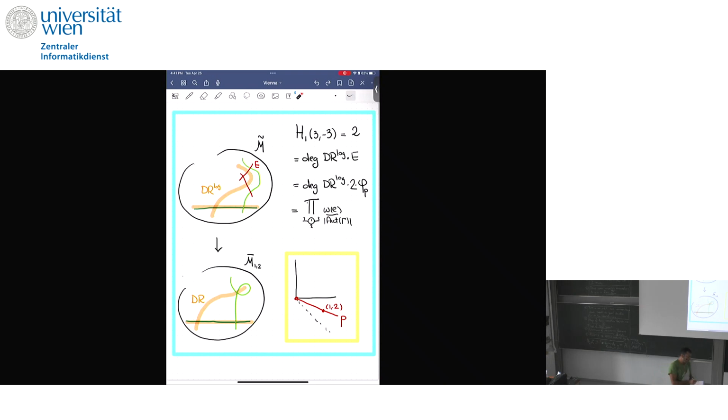We know that the exceptional divisor corresponds to a piecewise linear function with slope 1 along here. We know from the tropical algorithm that we want to count that graph with multiplicity 2 times 1, so we define the branch polynomial in this case to be the piecewise linear function that has slope 2 along this ray and 0 along all the others. Then when you compute the intersection number in the logarithmic Chow ring of this piecewise linear function with the DR, what it produces is precisely the tropical algorithm from before.